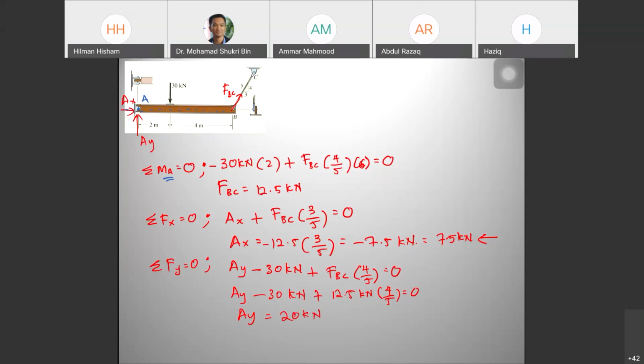Positive, so our assumption is true. So you have FBC, AX and AY. Now imagine that we have the pin at B. I start with B first because it's easy, because there is only one force. So at pin B, we have a pin like this.